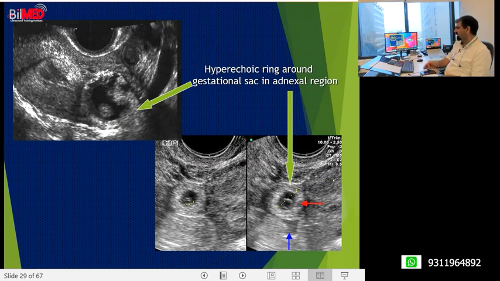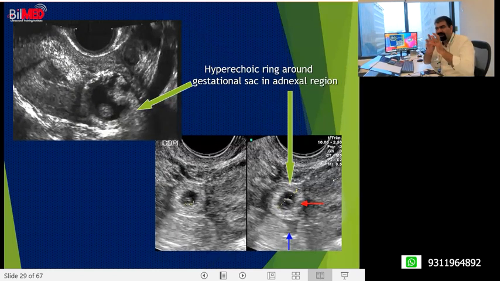Decidual reactions. Very good. So now this is the hyperechoic ring surrounding the gestational sac. This gestational sac is like a leech. Wherever it goes, it sticks over there. So whenever it sticks, I can see on ultrasound that it is stuck over here by the decidual reactions around it.